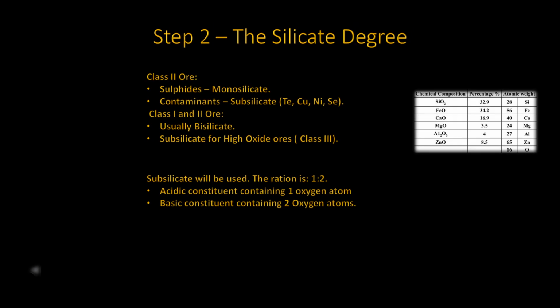Step 2 is a decision made based on the ore class type. In this case example, the ore contains sulfur with impurities. The sulfur complex makes it a class 2 ore with contaminants. Therefore, a subsilicate degree is used. This means that a ratio of 1 to 2 is used in the calculations to determine the amount of silica that will be required for the charge.